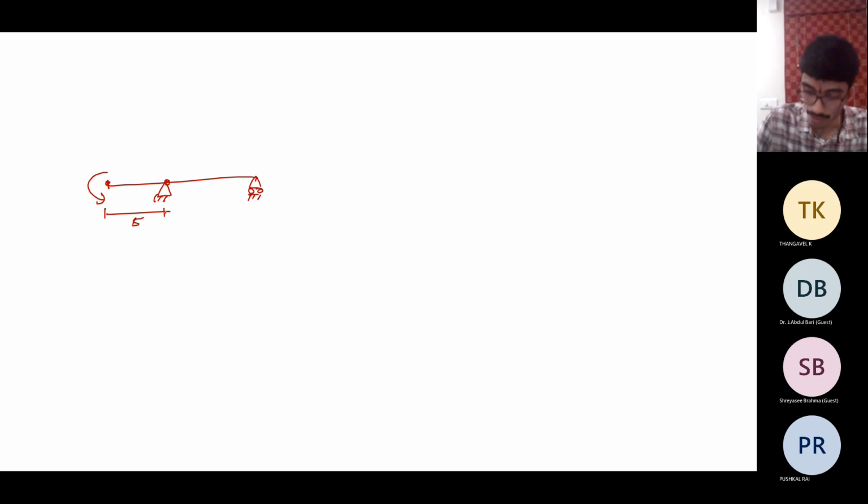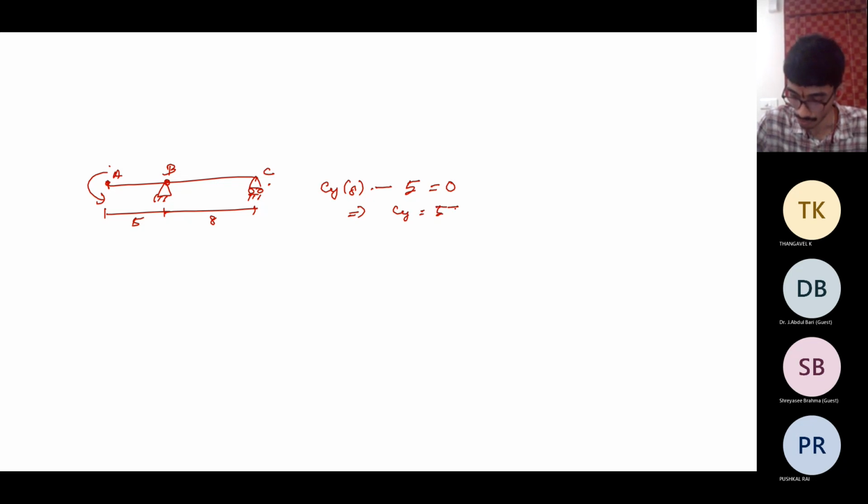This is 5, this is 8. I guess this is B, this is A, this is C. So Cy into 8 minus 5 is equal to 0, which means Cy is equal to 5 by 8 kilonewtons.